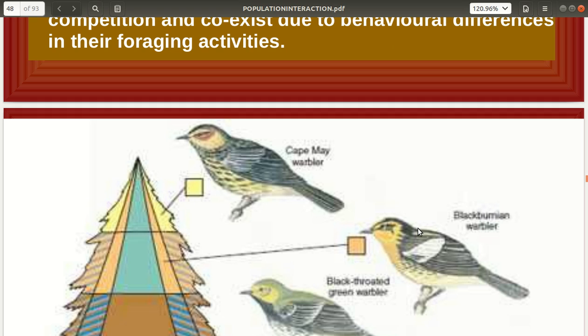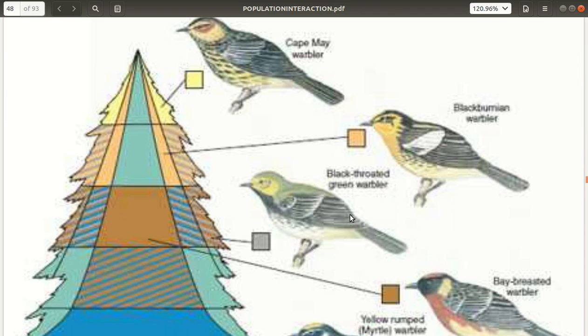The Cape May warbler usually went to the tip of the canopy of the tree. The black-burnian warbler depended on the next zone. The third variety, the black-throated green warbler, depended upon food below that of the black-burnian warbler.